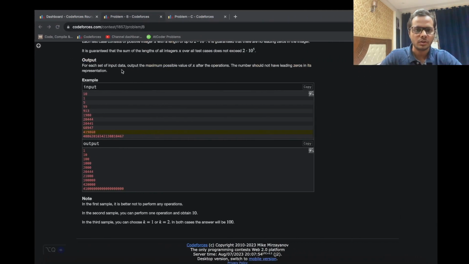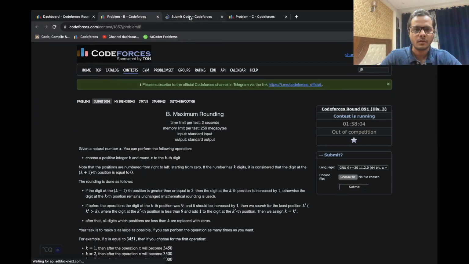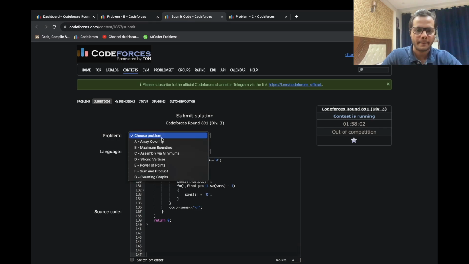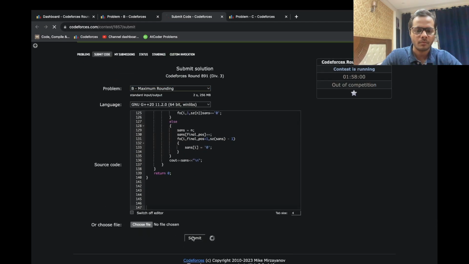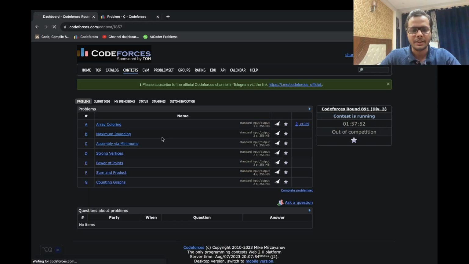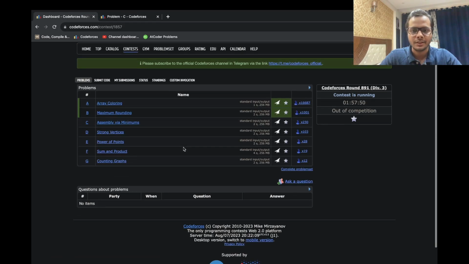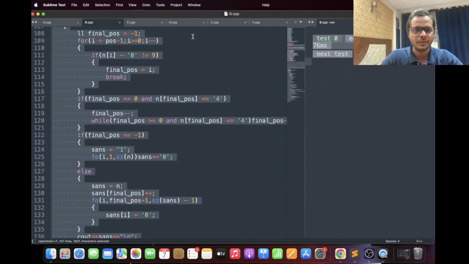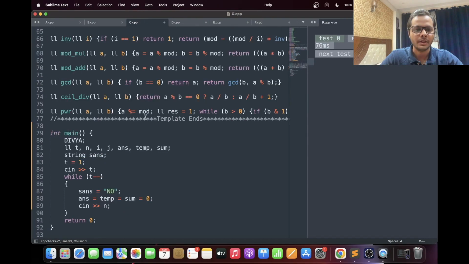Yeah, this should work fine, hopefully. Cool. So this was a pretty damn irritating problem, I would say. So let's move to problem C now. Hopefully that would be better.